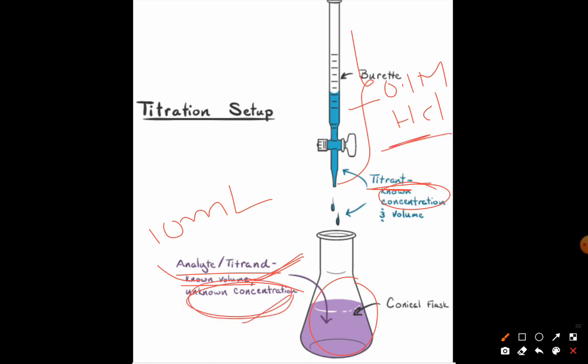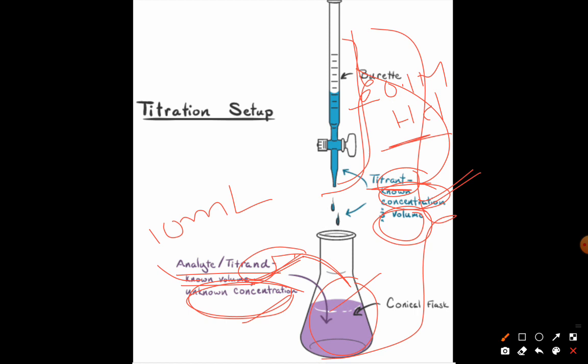For the burette solution, the concentration is known but the volume we don't know; we find it out by titrating. This is called the titrant, which you fill in the burette, and you take the other in the conical flask. So this is the titration setup. Like this you are going to get the questions.